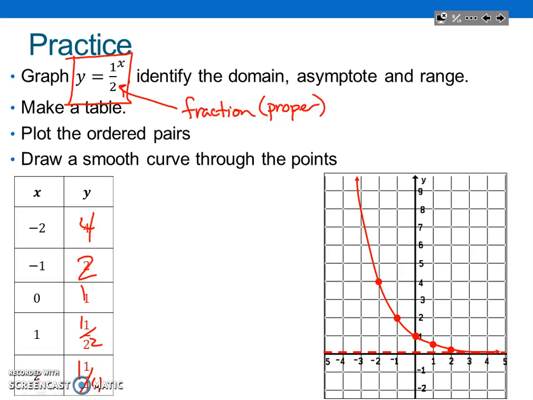And then when we have a whole number, like we did on our last one, y equals 3 to the x, you're going to find that your function is opening up the opposite way. So if I have y equals 3 to the x, where 3 is a whole number, it's going to open to the right. If I have y equals a proper fraction to the x power, it's going to open up over here to the left. They're still both the same thing. It's just going to depend on what type your base is.